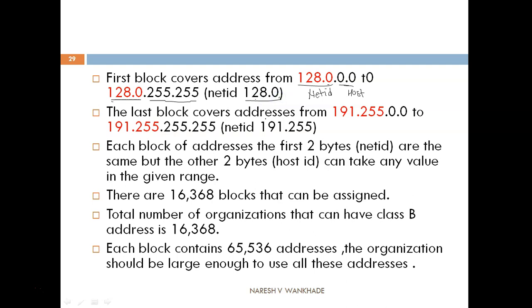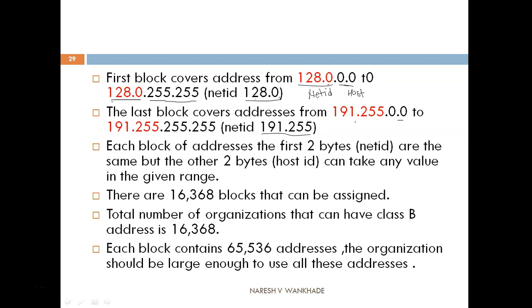Last block covers addresses from 191.255.0.0 to 191.255.255.255, means for network ID 191.255.